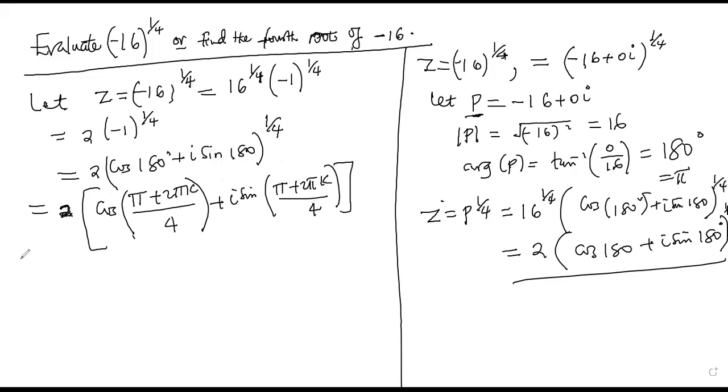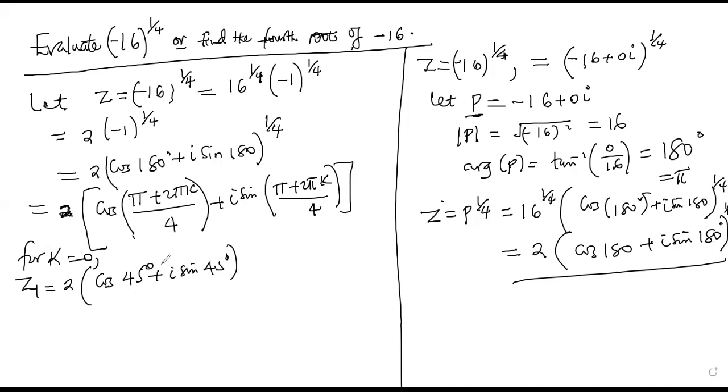Now we start substituting. For k equal to 0, I'll get my z1 as 2 cos 45 degrees plus i sine 45 degrees. Why? Pi over 4 is 180 over 4, which is 45.